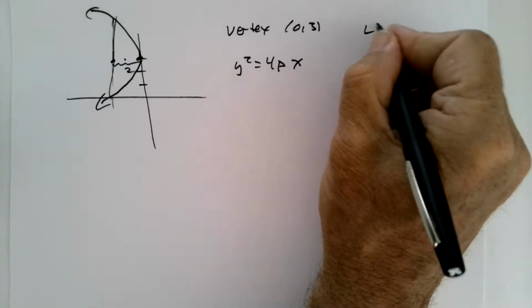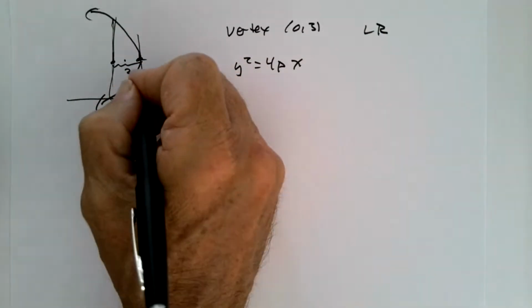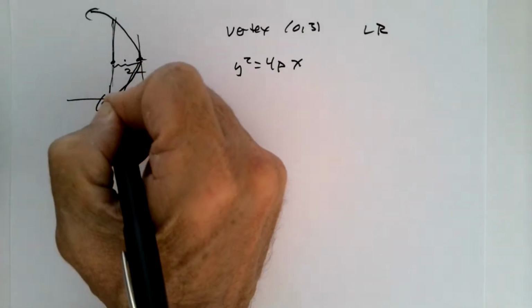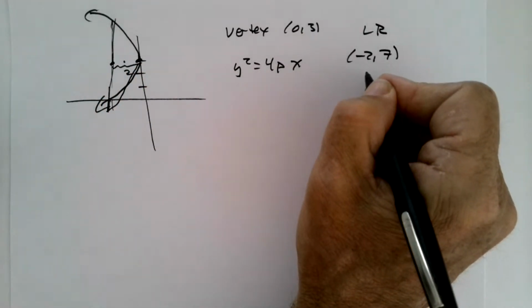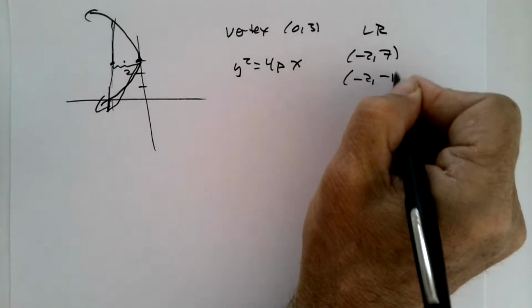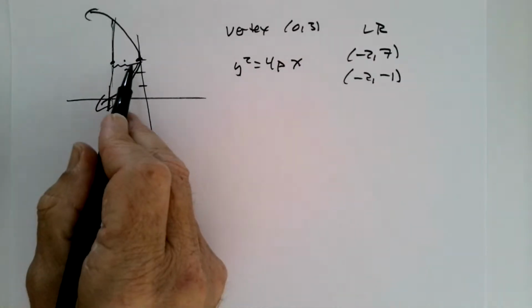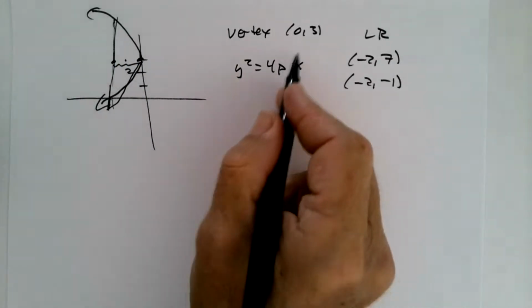Actually, it's below the axis here. I get negative 2, 7, extended up from the focus, and negative 2, negative 1, extended down from the focus. You can see the distance here is 2, but that's a negative 2 since it's opening to the left.